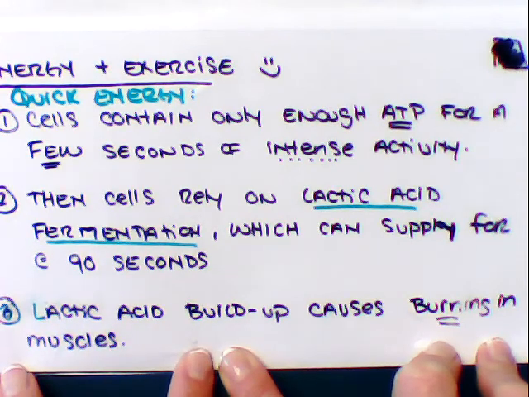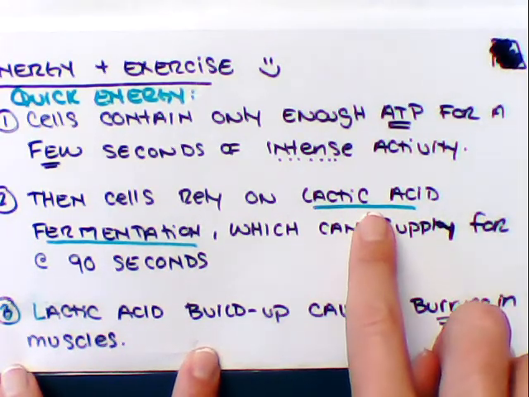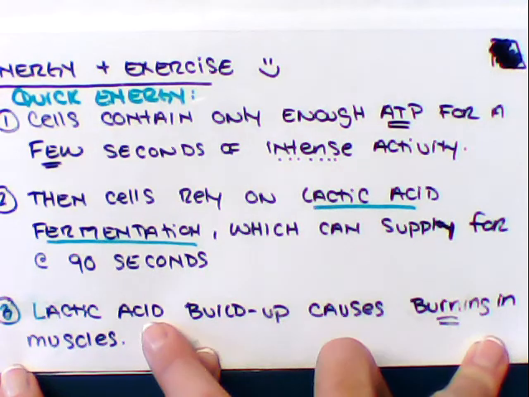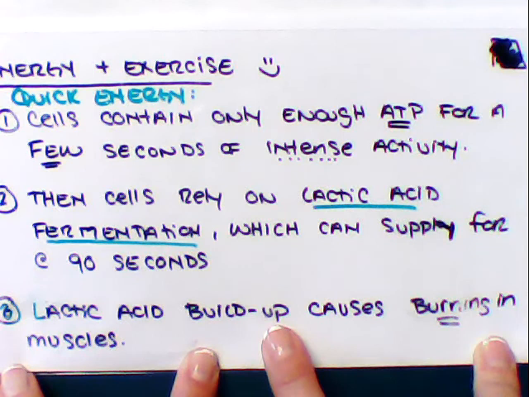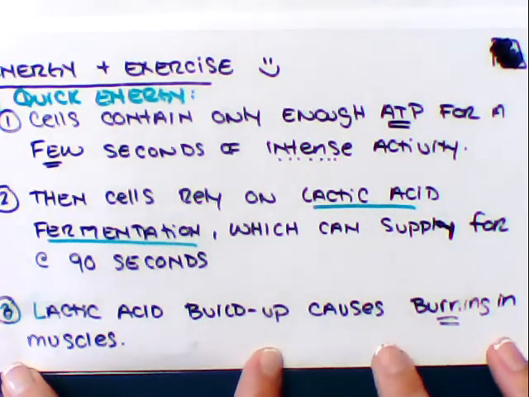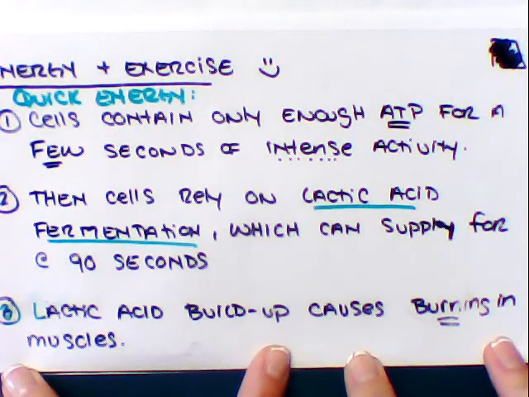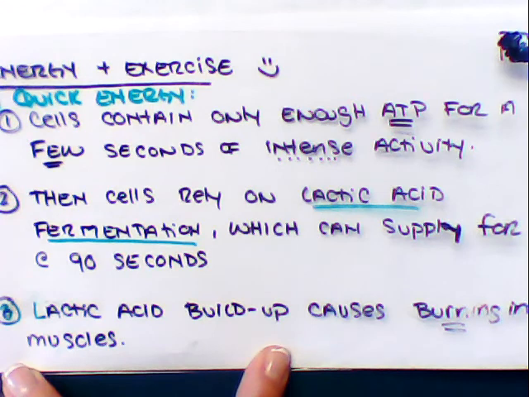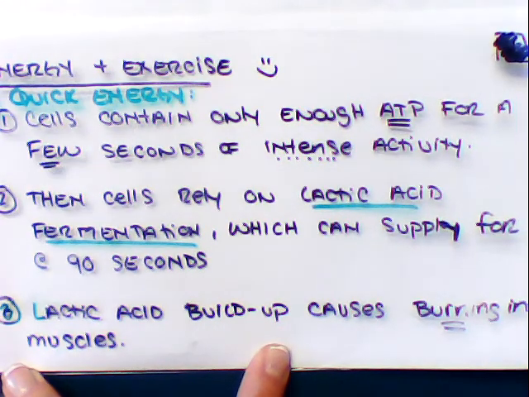Once it uses up that ATP, the cells are going to rely on lactic acid fermentation, which can supply the body for about another 90 seconds. After which, lactic acid, which are crystals that will form in your muscles, will start to build up. That causes that burning sensation in your muscles, as well as muscle cramping. If you do not stop to breathe, your muscles will cramp so much that you will fall to the ground or you'll have to simply stop.